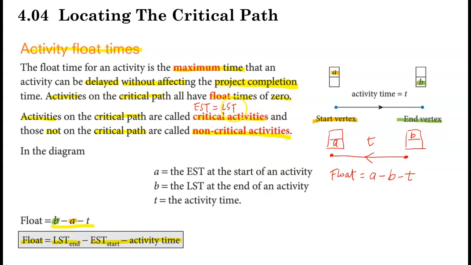And it seems like here you have some more new information: the float times will be always equal to 0. And how do I recognize the non-critical activities in a network? The EST value will be obviously not the same as the LST value. And the float times here will be always non-zero.